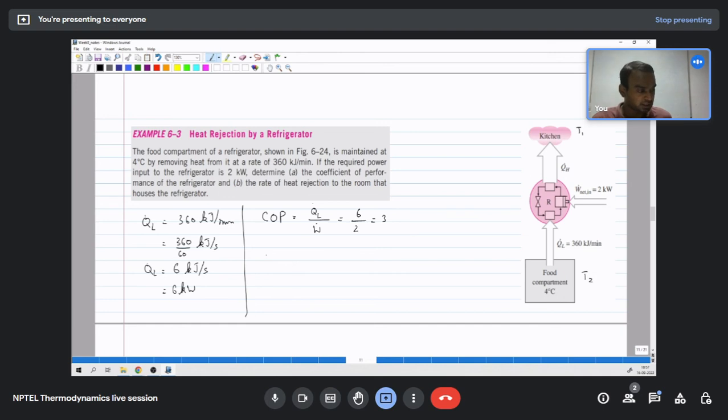From the energy balance equation, Q dot L plus W dot, the energy flowing into the system, should be equal to the energy going out of the system, which is Q dot H. Q dot H is what we need to find, which is Q L plus W. Q L is 6 plus W is 2, so this is 8 kilowatt, which is flowing into the kitchen. I hope this problem is clear.